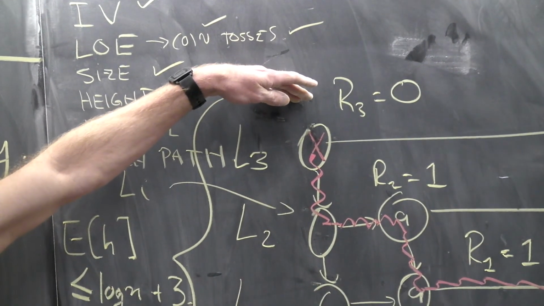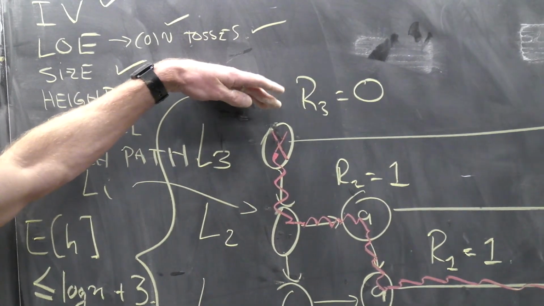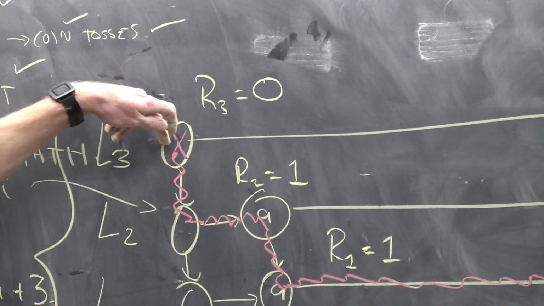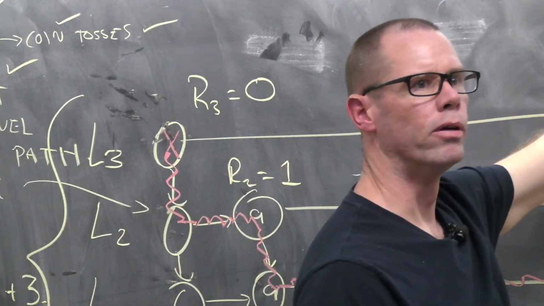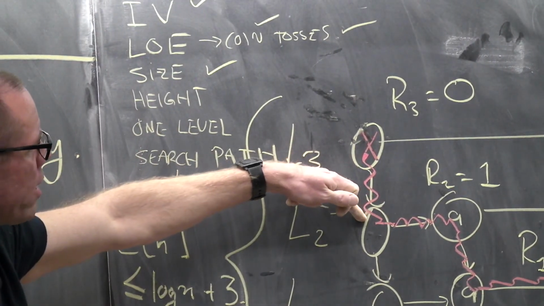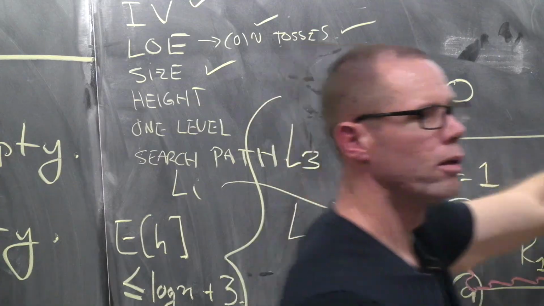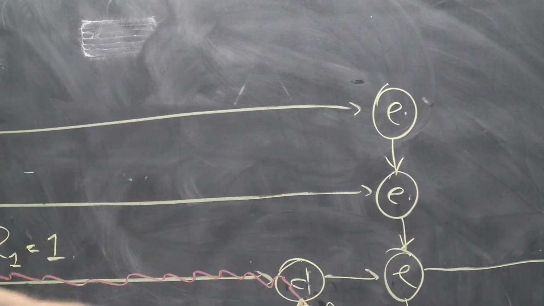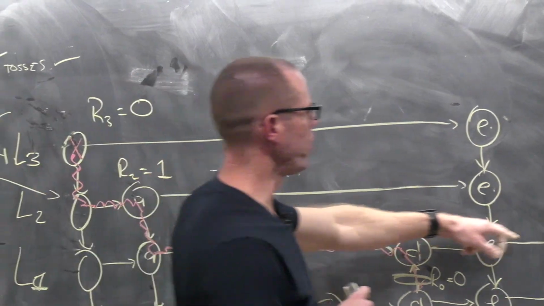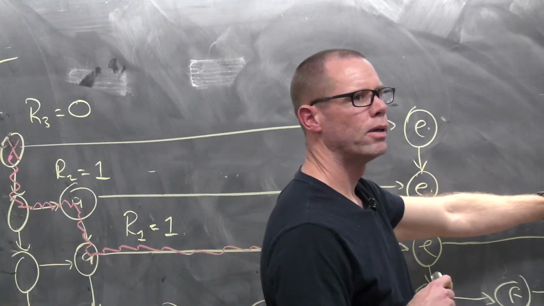Just if I try and walk through this list, how many steps do I take? 1. And then it's over. And what if I try and walk through this list? I can take 1, 2 steps. And then I can't continue anymore. And in this one I can take 1, 2, 3, 4 steps.